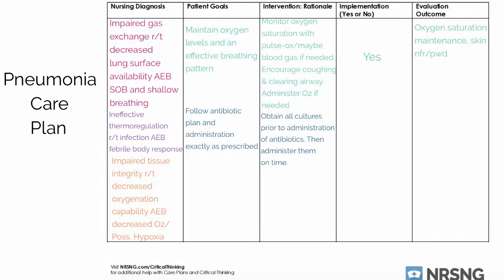Someone with pneumonia may have enough crud in their lungs that they'd want a respiratory culture, and it also depends on the situation as to whether they order a respiratory culture, but you want to obtain those cultures before you start the antibiotics, because if you start antibiotics, it's going to change the makeup of that bacteria, and you aren't going to be able to effectively get down to its specific type. Is it gram negative, gram positive? What kind of antibiotic do you need?